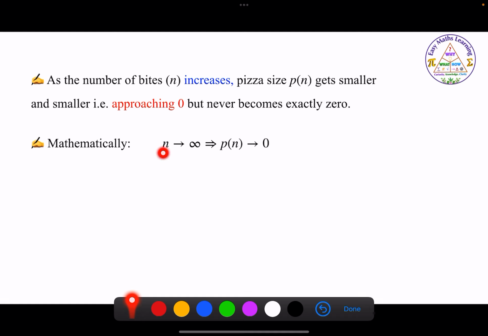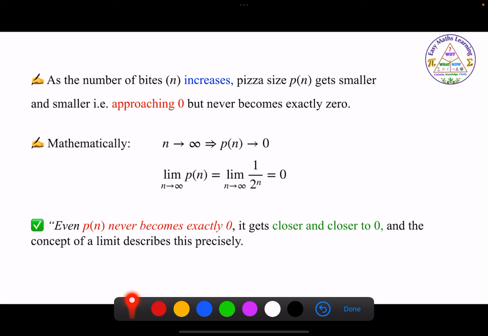Mathematically, as n tending to infinity, means number of bites increases without end, then size that we are denoting by P(n) tends to 0. So in terms of limits, we can write limit n tending to infinity P(n), which is limit n tends to infinity 1/2 raised to the power n, it will be 0.